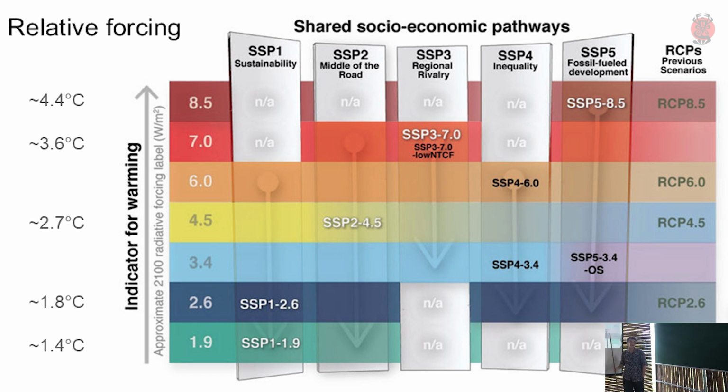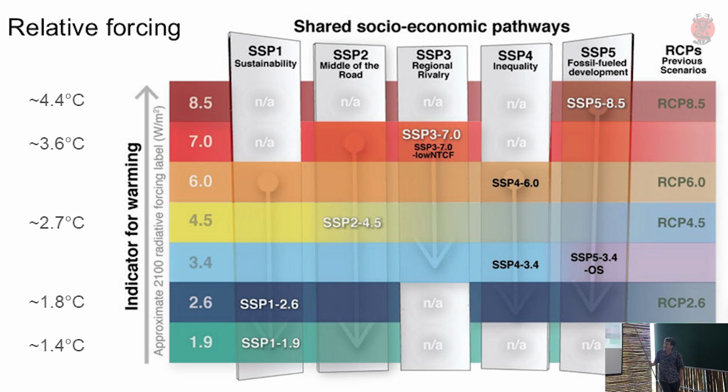They've complicated the scenarios a bit because what they've added onto it is something called shared socioeconomic pathways. So rather than just talking about the greenhouse gases and their impact, they're also bringing in how different alternative development pathways, SSP 1, 2, 3, 4, and 5. Okay.